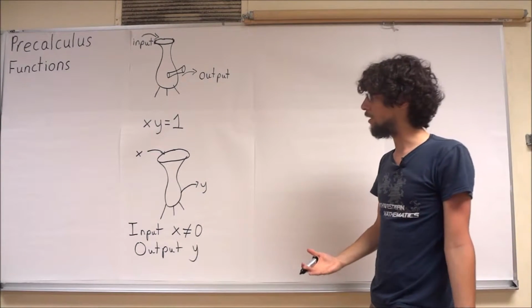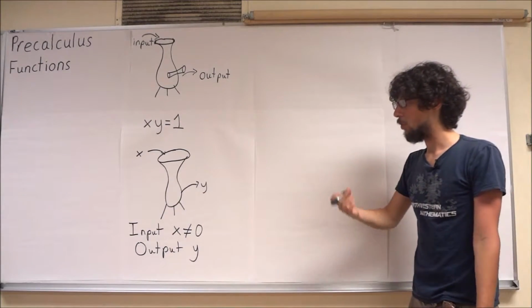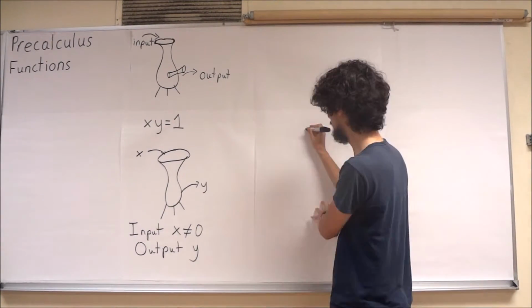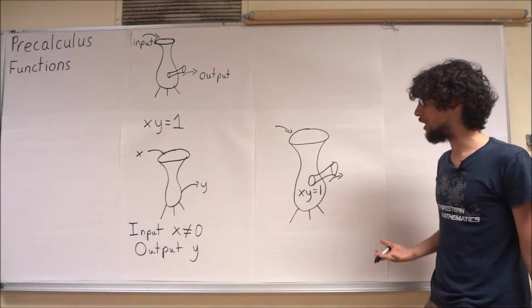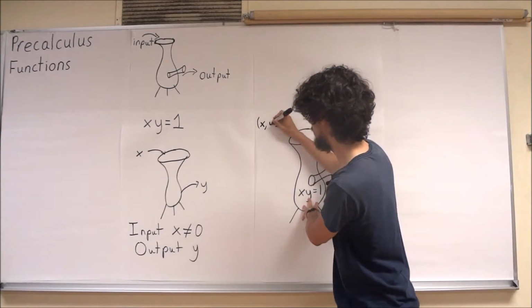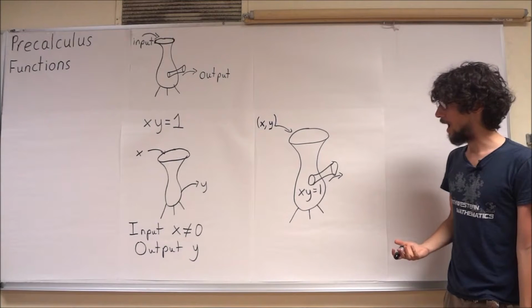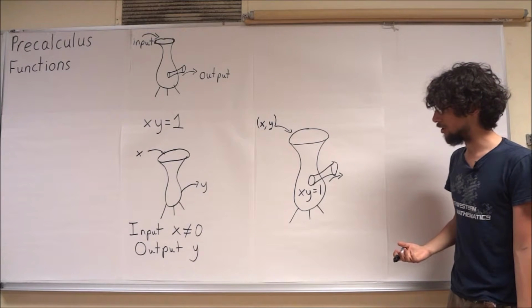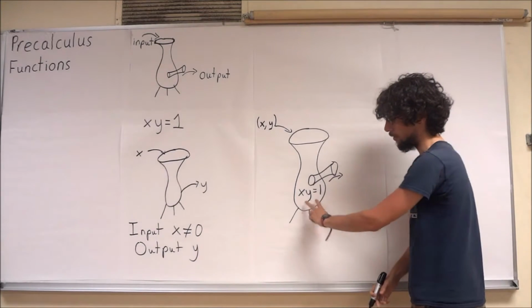Our next framing of this equation as a function is quite a bit different. From this perspective, what I want to think about is feeding this equation an entire ordered pair. What do I get out now? Well, I get out either a valid equation or an invalid equation.